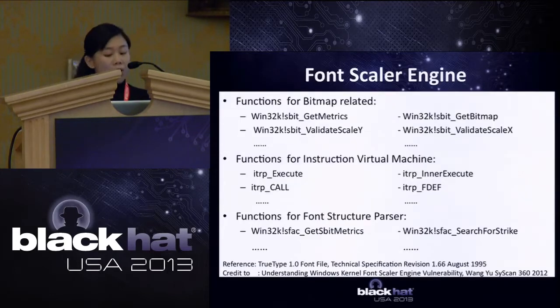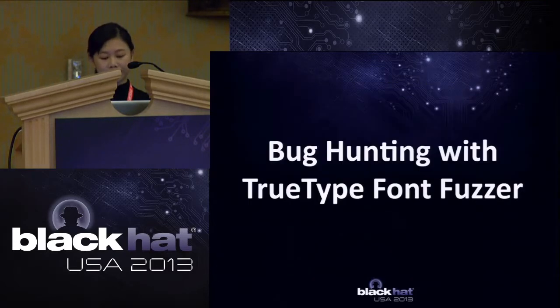Here are more API functions for bitmap related, instruction virtual machine, and font structure parser. And in this section, we will discuss the bug hunting with our TrueType font parser.